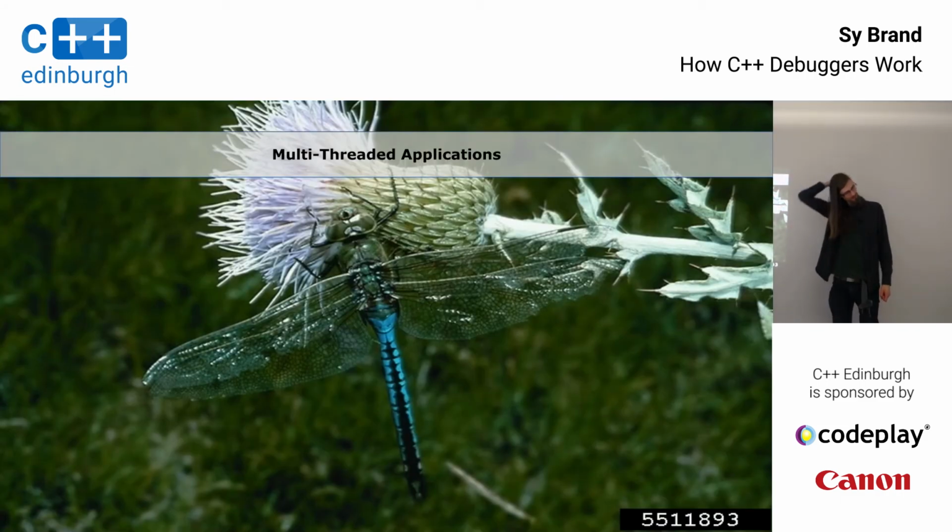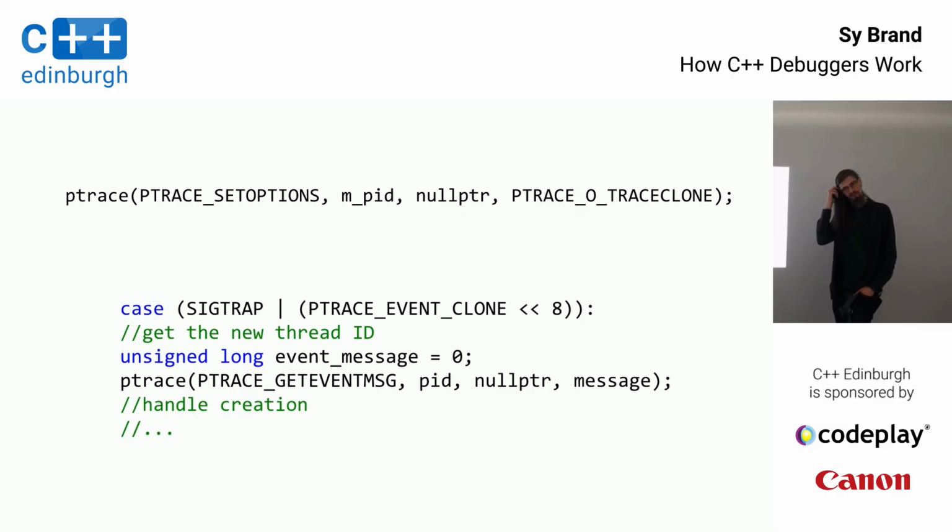Okay, multi-threaded applications. As you might imagine, debugging multi-threaded applications can be quite difficult, but Ptrace has some handy stuff. When you actually call a function to create a new thread, it's eventually going to call the clone syscall.